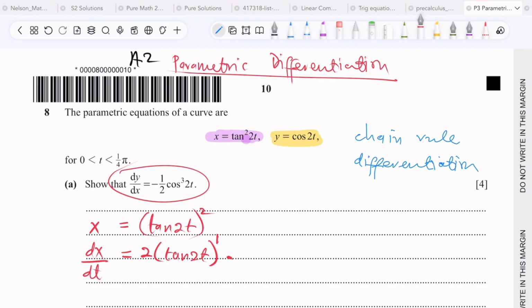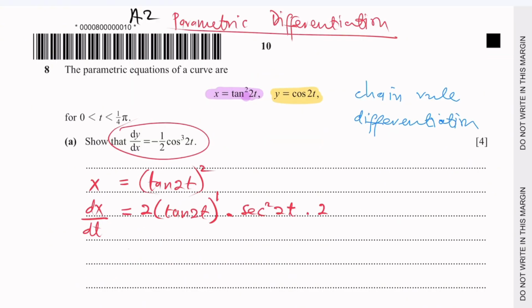When you differentiate tan, you get sec squared 2t. Then we go into the bracket again because we differentiated tan. Now we are differentiating 2t, we get 2. And this we simplify, that gives us 4 tan 2t sec squared 2t.